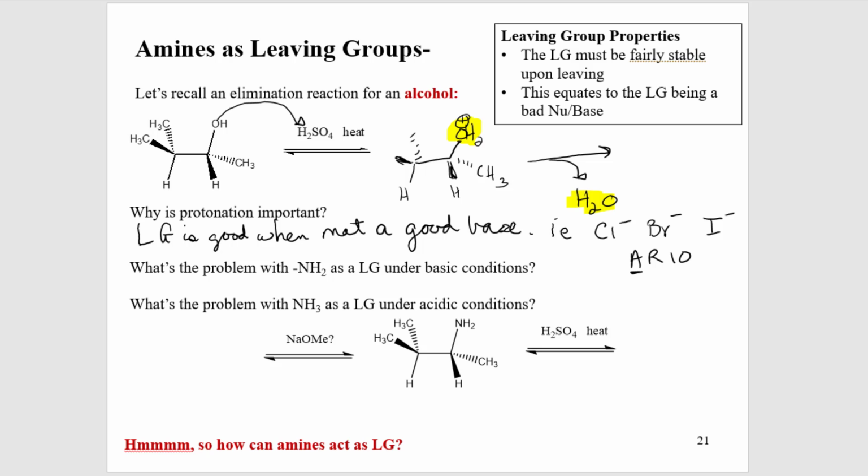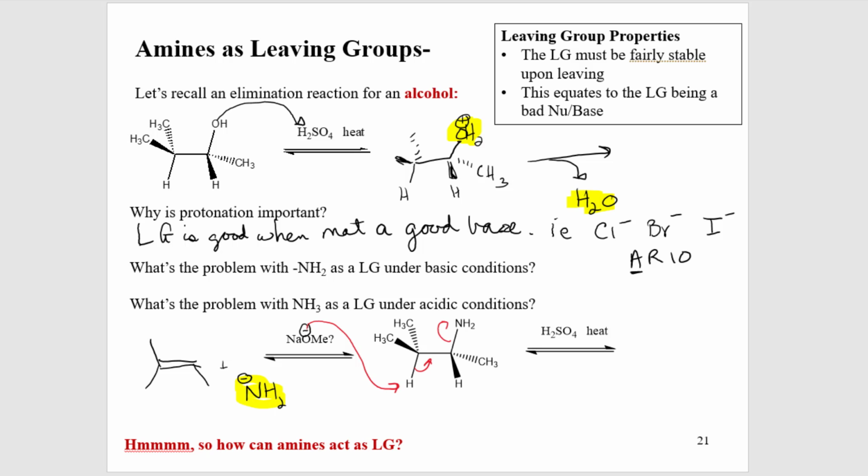What's the problem under basic conditions if we consider NH2 as our leaving group? All right, so if I have a base like NaOMe and I wanted to do an elimination, good God, what would I be doing? I'd be forming my alkene, but the leaving group would be NH2 minus.